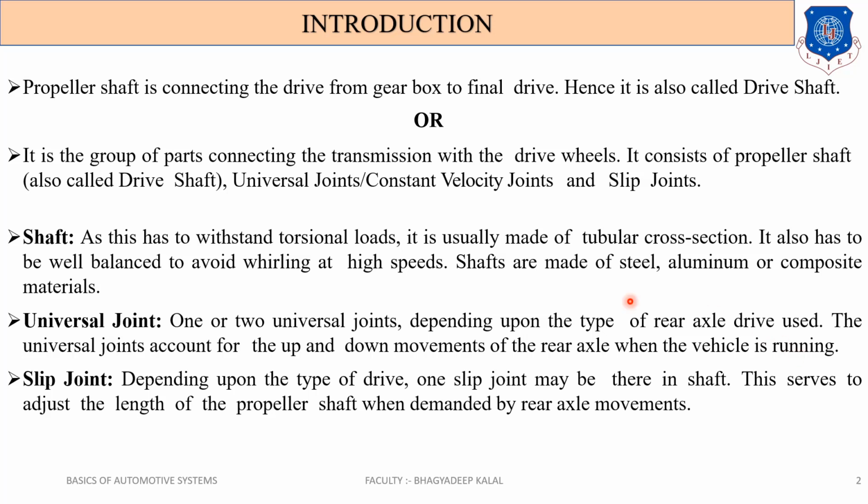Next is the slip joint. Depending upon the type of drive, one slip joint may be there in the shaft. If a Hotchkiss type of drive is used, a slip joint is present, and if a tubular type of drive is used, no slip joint is present in the shaft. It serves to adjust the length of the propeller shaft when demanded by rear axle movement.